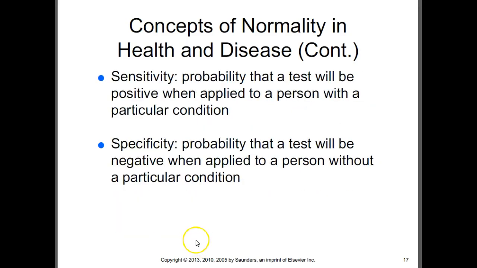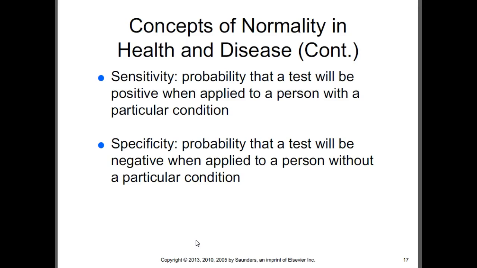This is a problem. So then this is where our tests are going to be yielding 2 types of measurements. We're going to look at sensitivity, the probability that a test will be positive when applied to a person with a particular condition. And then specificity is the probability that a test will be negative when applied to a person without a particular condition, right?